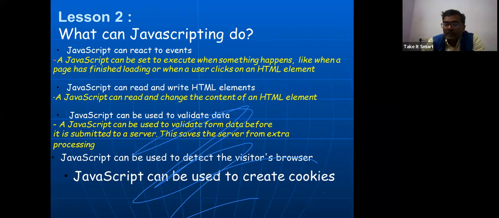But I cannot become so intelligent that somebody comes and I know his phone number, name, and photo; that we cannot do. Or we can write something like, if I see anybody new, JavaScript comes up and takes a photo. Then it's possible. So JavaScript can be used to detect the visitor's browser, and the visitor's IP.